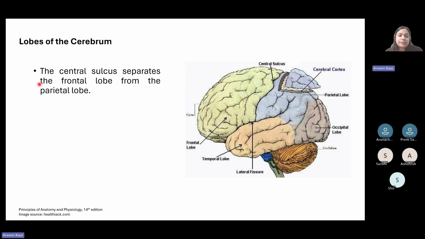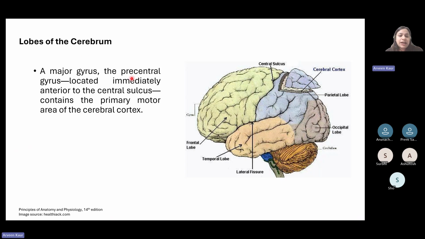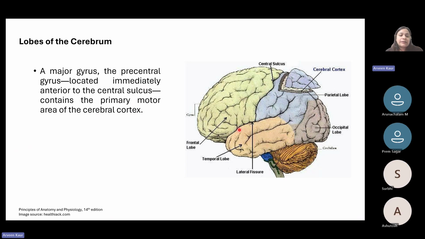The central sulcus separates the frontal lobe, this one, from the parietal lobe. The major gyrus, the precentral gyrus, located immediately anterior to the central sulcus, contains the primary motor cortex, an area of the cerebral cortex.